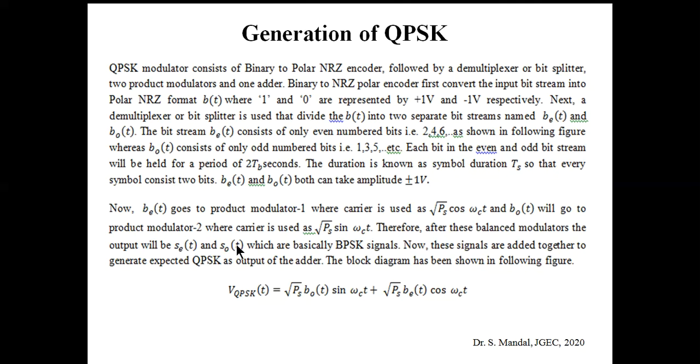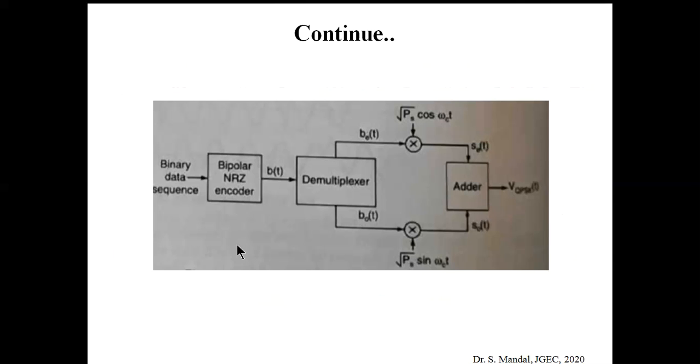Now next, coming to the generation of QPSK. How can we generate QPSK, or the QPSK modulator? This one is the basic block diagram of the QPSK modulator. During the generation of QPSK, we need a polar energy encoder. It has been written as bipolar, but it should be polar.